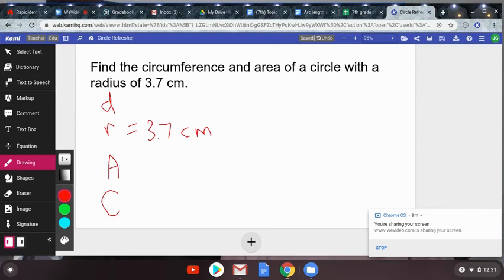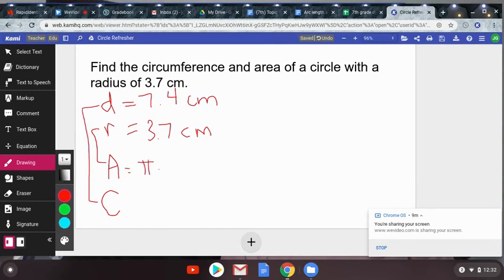If you would still like more practice with me, then just keep working with me. If the radius is 3.7, the diameter is 2 of those. So 3.7 times 2 is 7.4 centimeters. So now I have enough information to finish CARD.